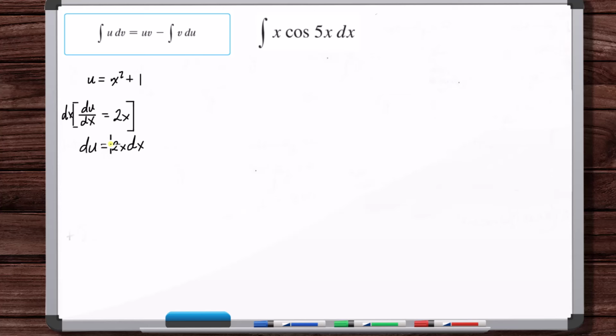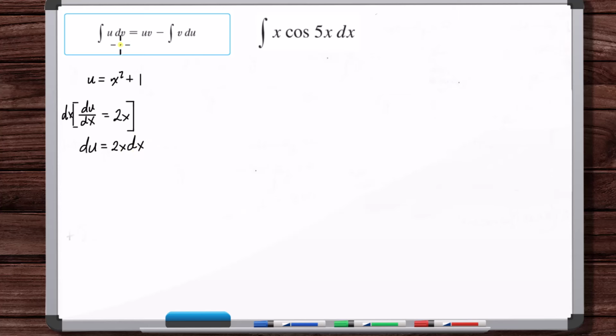Because the idea is, where did this come from? You had d dependent variable divided by d independent variable is equal to something, and then you multiplied both sides by the denominator to where you get d dependent variable is equal to some function d independent variable.